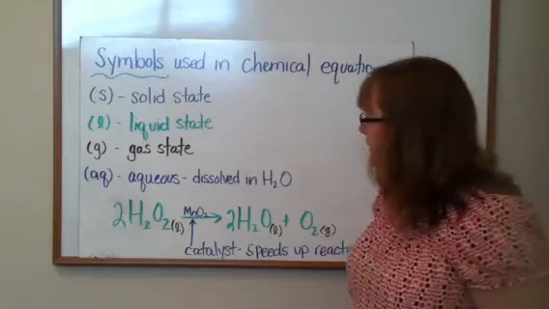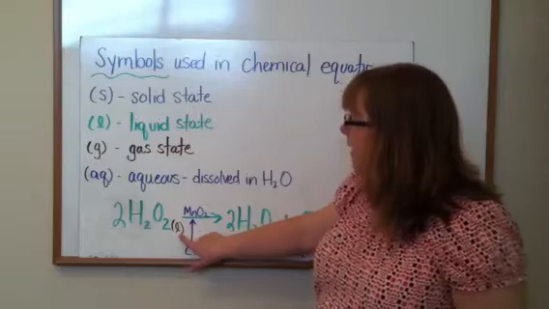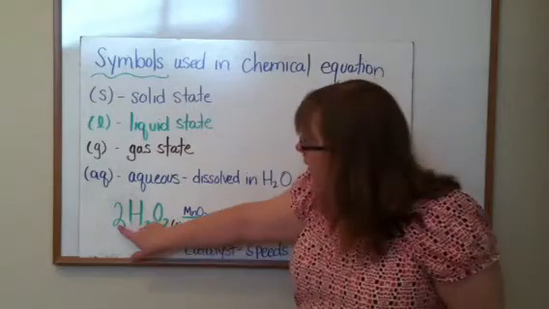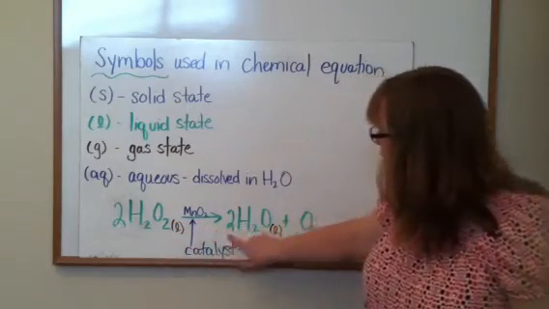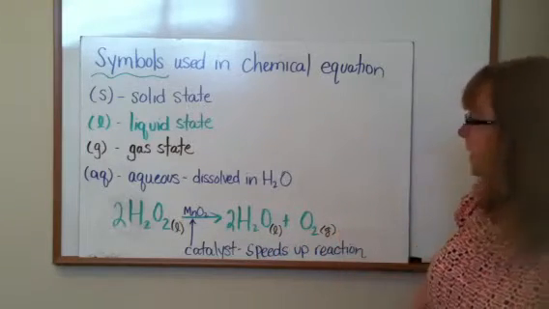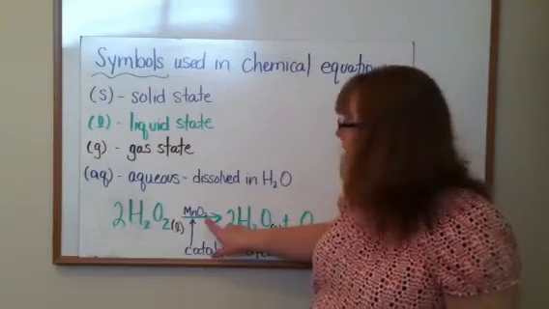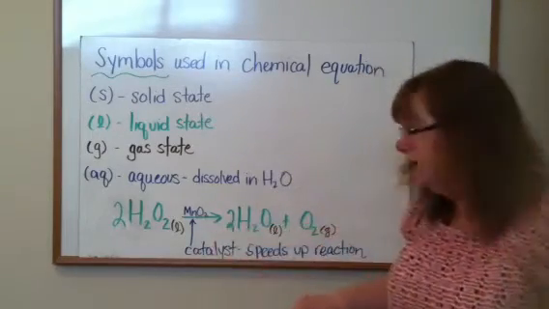All right, let's look at another symbol. Here we have 2 hydrogen peroxides, and it's a liquid. So that's my coefficient. Yields 2 waters that are liquids, and an oxygen that's a gas. But there's something written over our yield sign, and that's manganese dioxide.